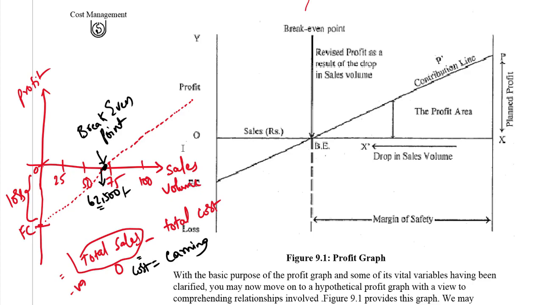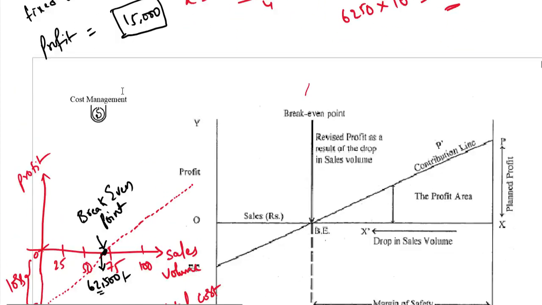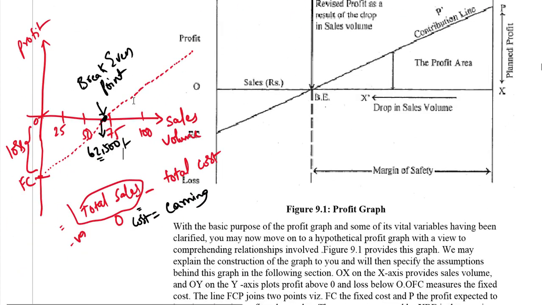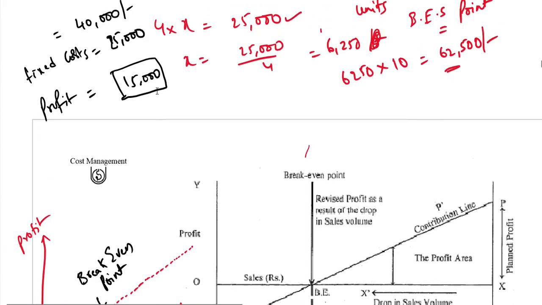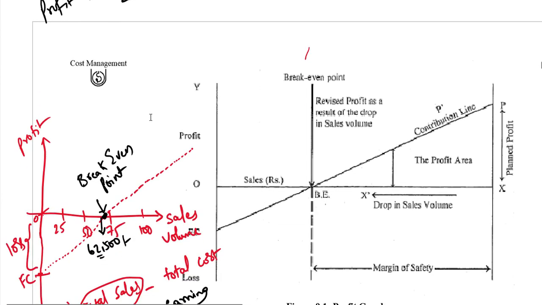Now the company is aiming at a profit of 25,000, or 15,000? 15,000. It is 15,000 means per unit it is 1,50,000 I think. So 150. This is the profit. This is the estimated profit.